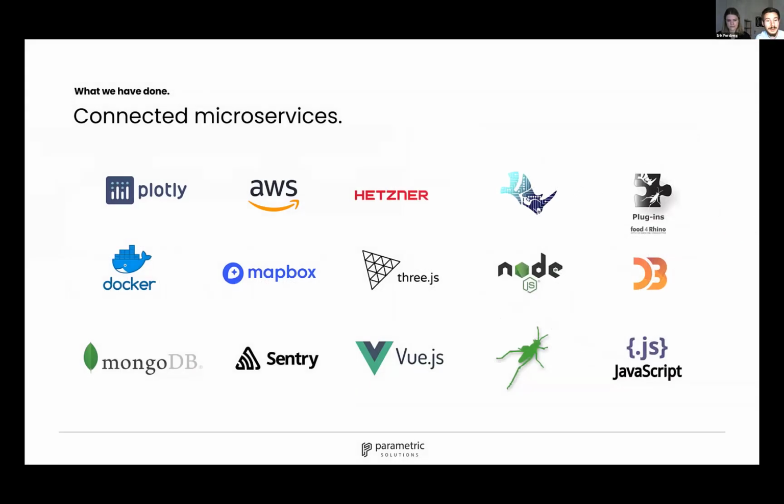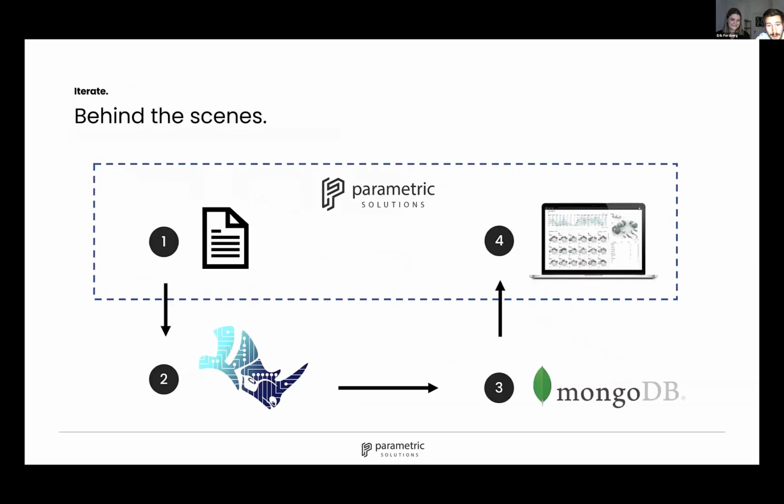We have all these things that you see on the screen right now. We have created a platform where we connect all these small bits and pieces to give the user a user-friendly and easy-to-use interface for running generative design Grasshopper scripts. This is the way we usually think about it. We have four parts of the process where you define your specific constraints.